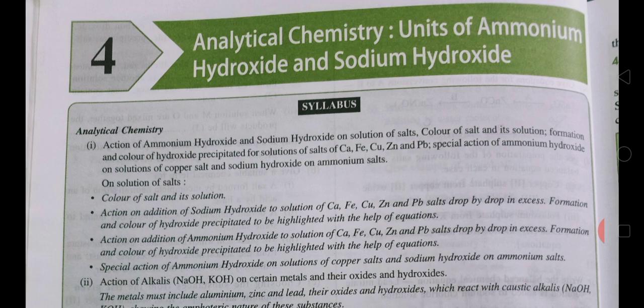hydroxide on ammonium salt. So on solution salt, color of salt and its solution, action of salt on sodium hydroxide to solutions of calcium, iron, copper, zinc and lead salt, drop by drop and in excess. Formation and color of hydroxide precipitated to be highlighted with the help of equations.